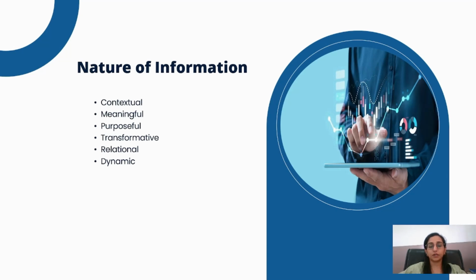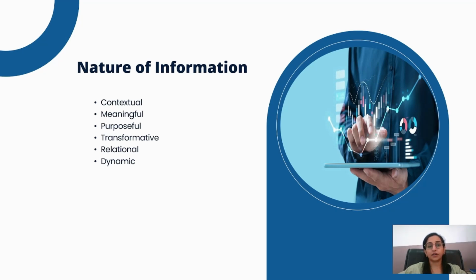Next point is quality control. Ensuring the accuracy, reliability, and timeliness of information is crucial. Poor quality information can lead to bad decision making and inefficient processes.